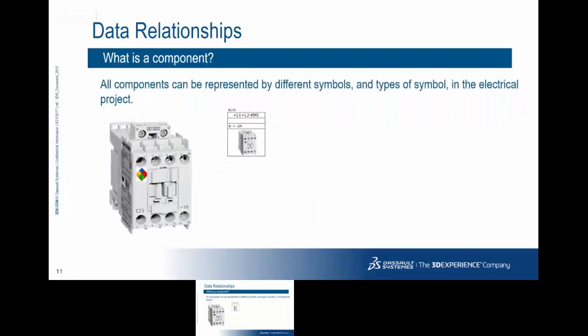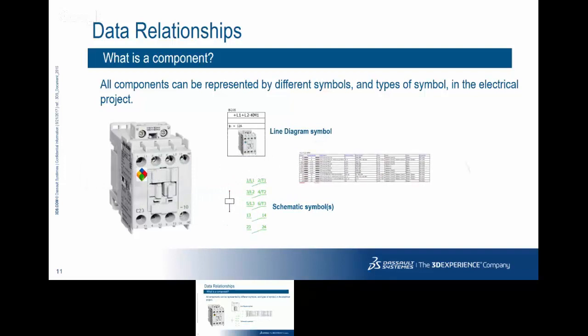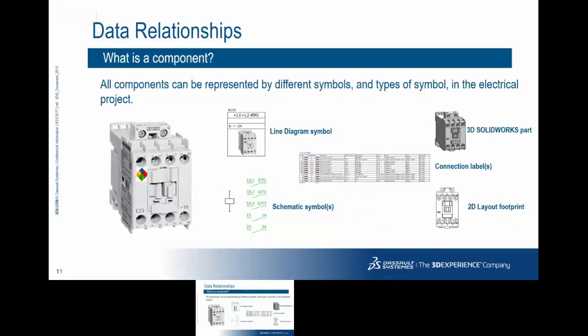As we can see from this, a component can be represented multiple different ways: line diagram symbol, schematic symbol, 2D cabinet layout or 2D layout footprint, connection labels if you're using something with a lot of pins. We're not touching this for this presentation, but you can also have a 3D model of a SolidWorks part that represents it.